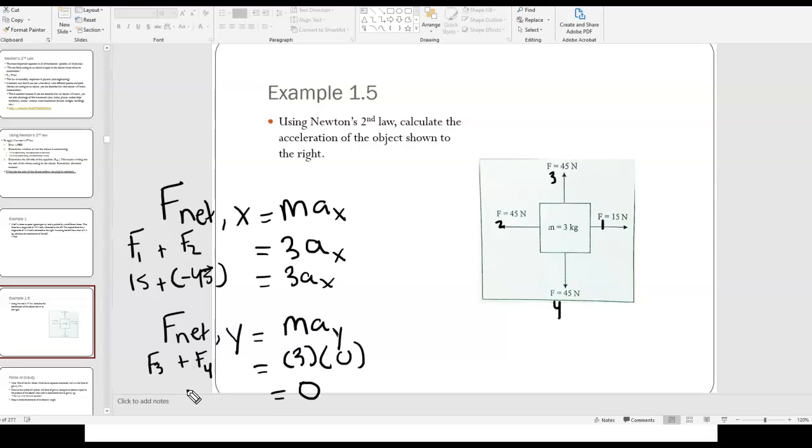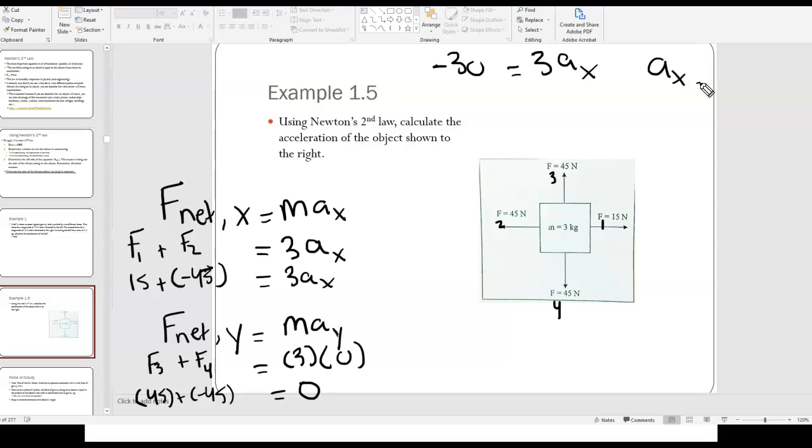And then for the y forces, I'm putting 45 plus negative 45 equals 0. Okay, so my overall result is basically that all the forces cancel out in the y direction. That means ay is 0. Ax, on the other hand, if I simplify this, 15 and negative 45 give negative 30, and that's equal to 3 times ax.